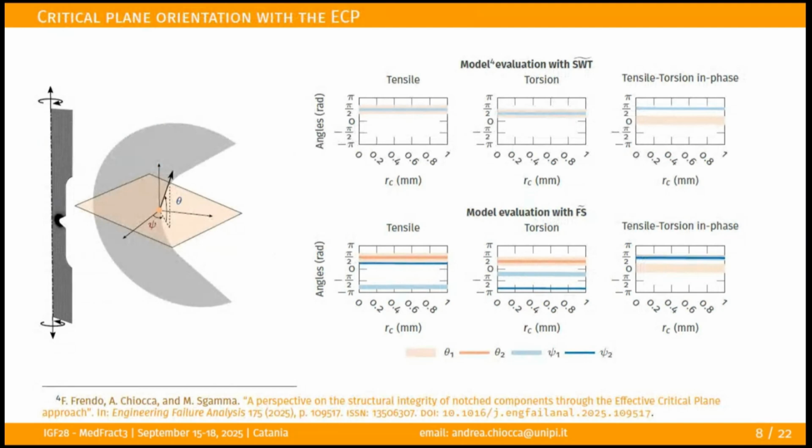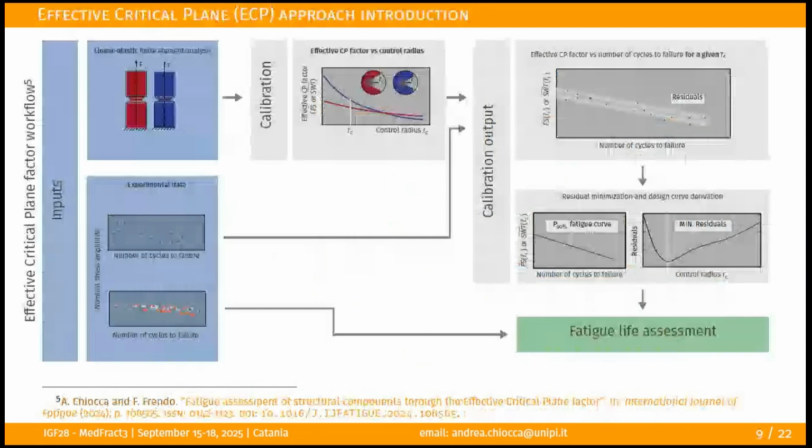Here is the definition for Smith-Watson-Topper, here for Fatemi. Here you find 2 critical planes, here just 1. But the important thing is that by averaging under small volumes, the plane is not really changing. So you have an equivalent parameter that is changing, taking care of the process zone without changing the critical plane. So the definition is still there.